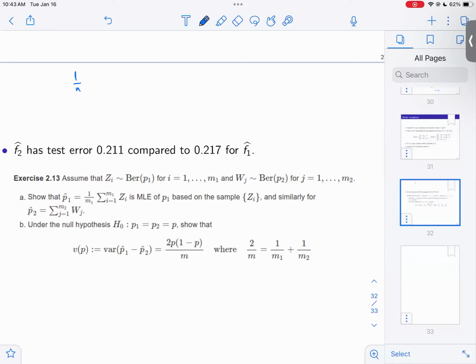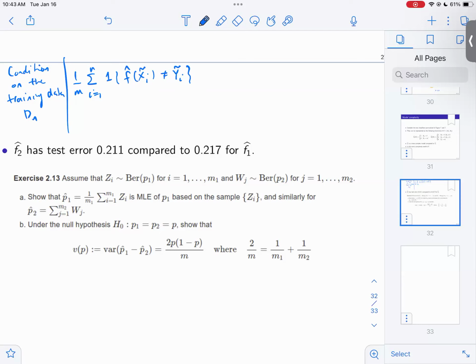I'm going to condition on the training data. So now f hat is fixed, and my samples are IID.